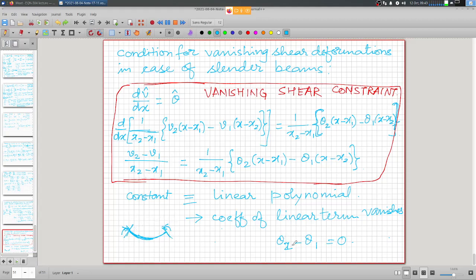So the only way this can happen is when theta 1 is equal to theta 2 is equal to 0. So the beam just doesn't deform, it just remains like this. There is no section deformation. And if theta 1 is equal to theta 2 is equal to 0, that means V1 is equal to V2 is equal to 0.